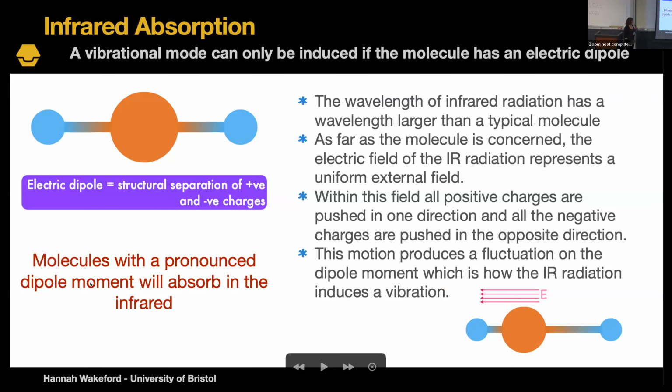Infrared absorption is one that we're really focused on now when we're looking at JWST spectra. And one of the key things to remember about infrared absorption, when we're talking about these vibrational modes, the physical changing of the distance between our atoms in our molecules, that bond length, is that you have to have a molecule that has an electric dipole.